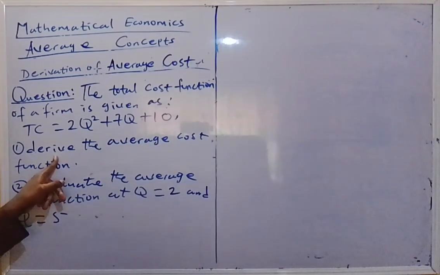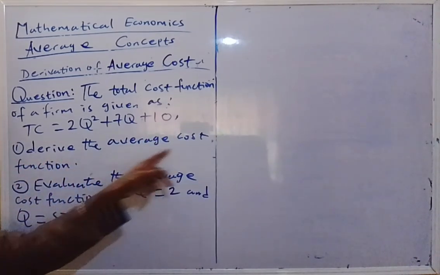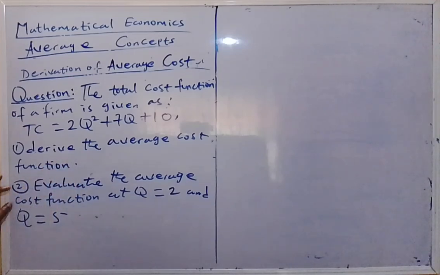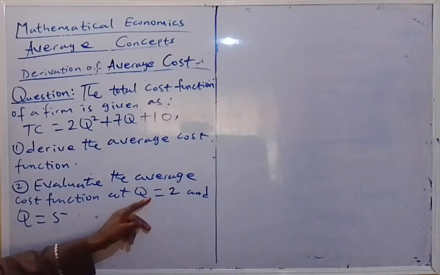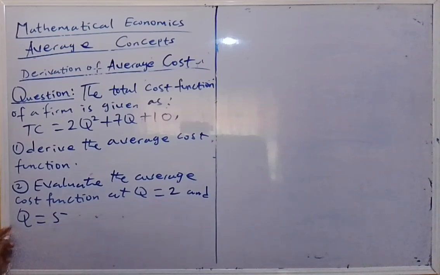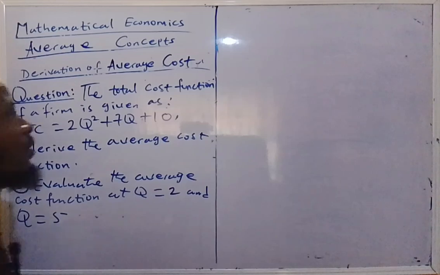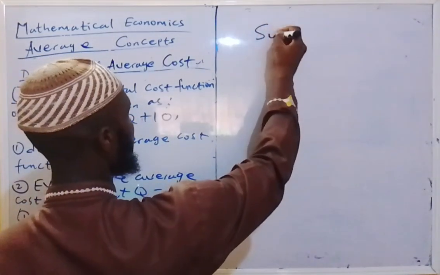Then we are asked to derive, that's number one, derive the average cost function. Two, evaluate the average cost function at Q equals 2 and Q equals 5. So let's go there. Here is the solution.